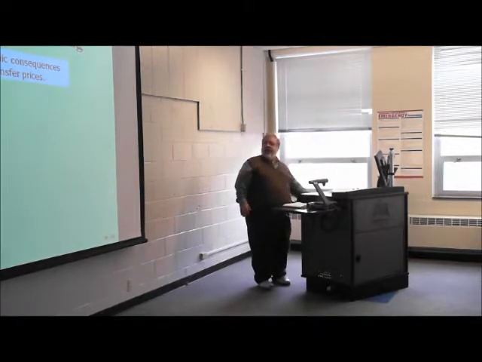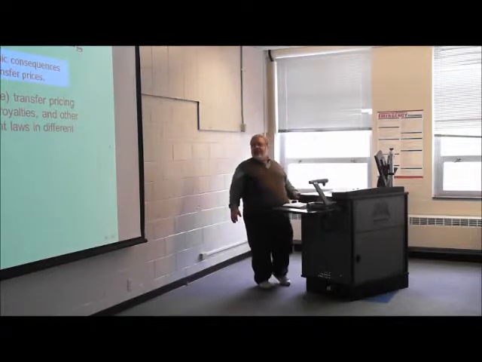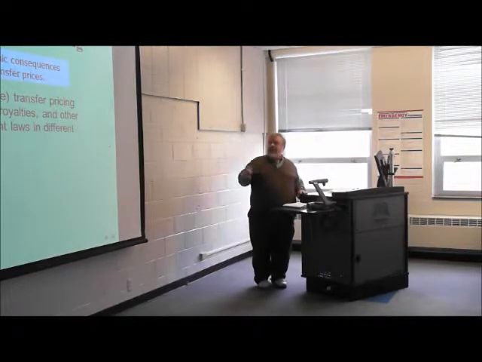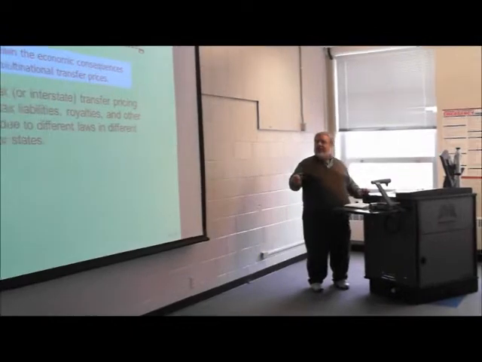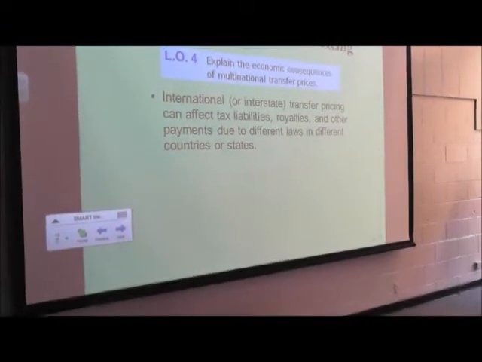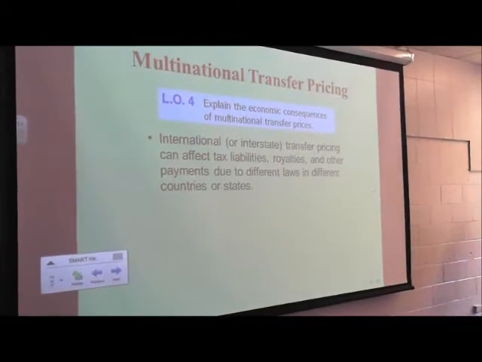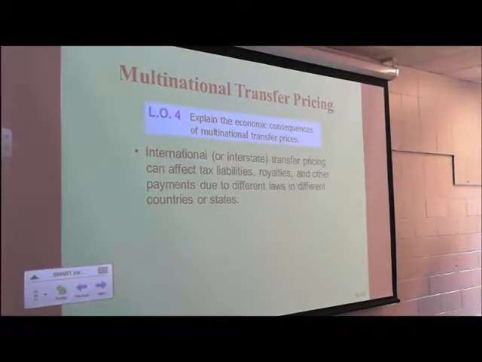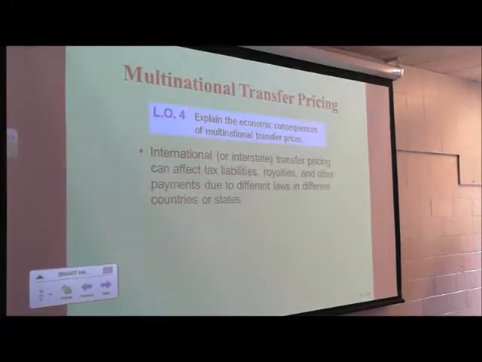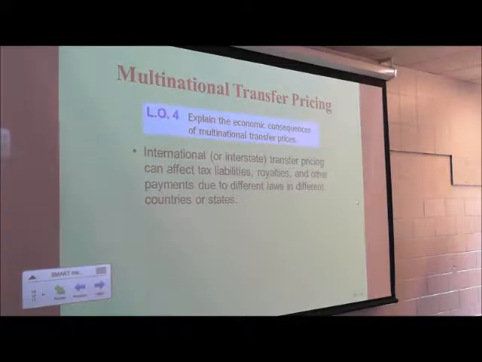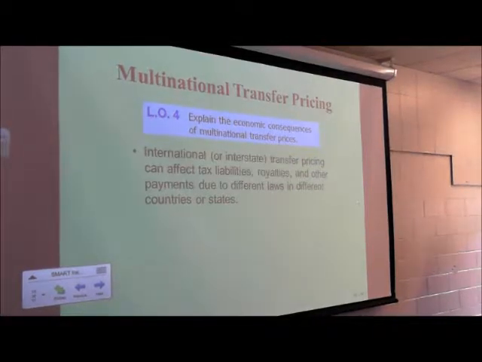And by the way, IRS is having a very difficult time. As it says there, transfer pricing, tax liabilities, royalties, other payments due to different laws of different countries and states. We learn how to manipulate the system to our benefit. Part of the problem we have with IRS, they have a real difficult problem with China and Japan and Oriental countries, because there's not that many people that know tax law and also know these languages.